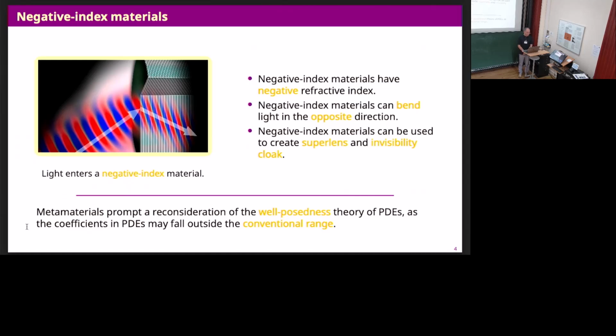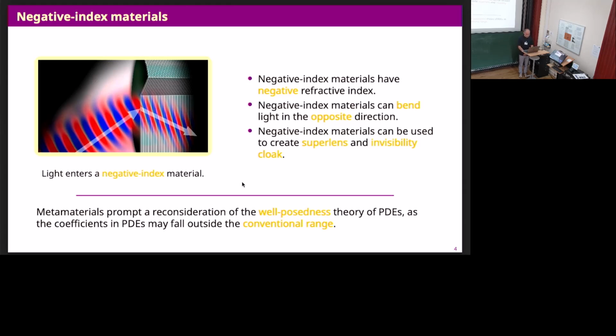Another type of material is this type of negative index materials. And typically they have negative reflective index. And this means that the light will bend in the opposite direction, as you see in this figure on the left-hand side.